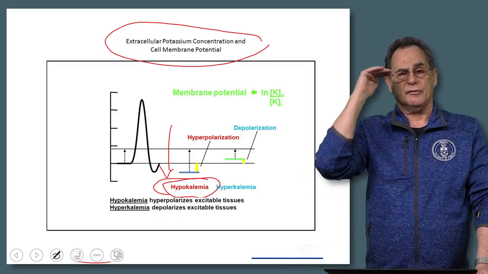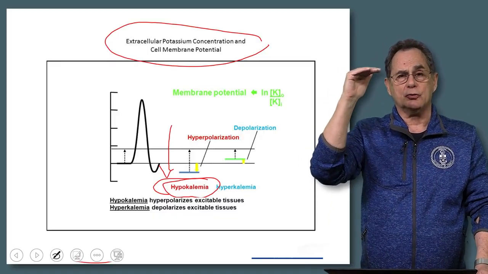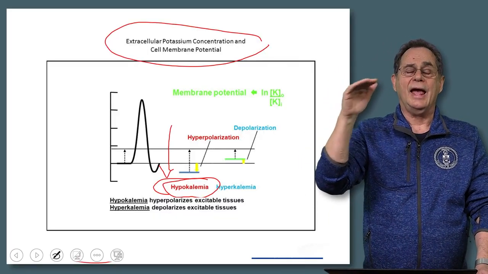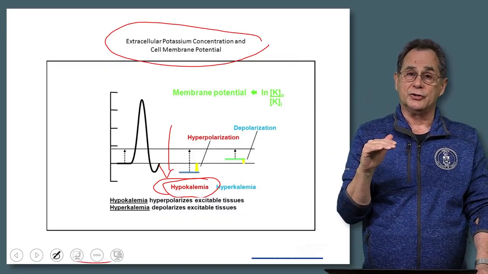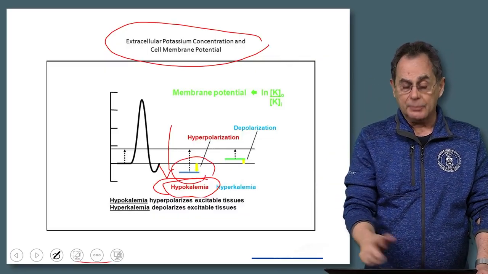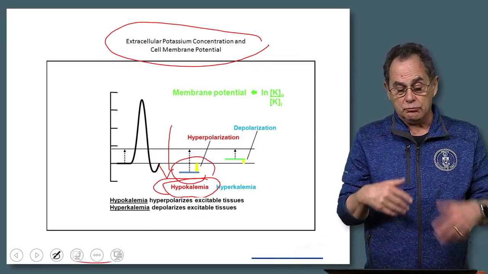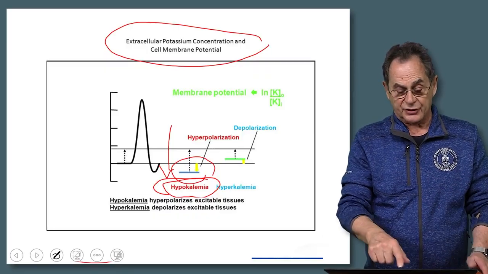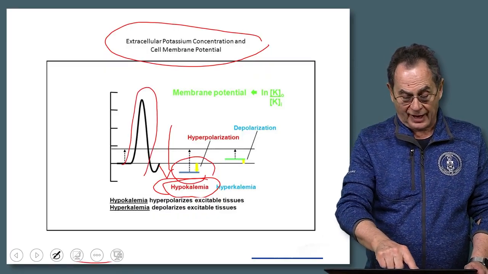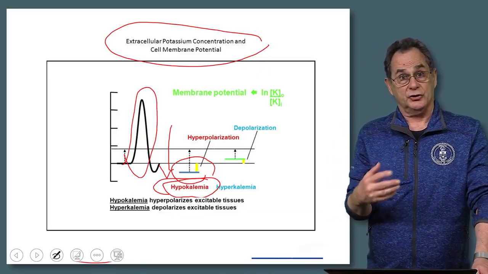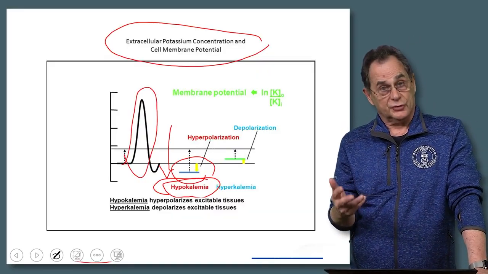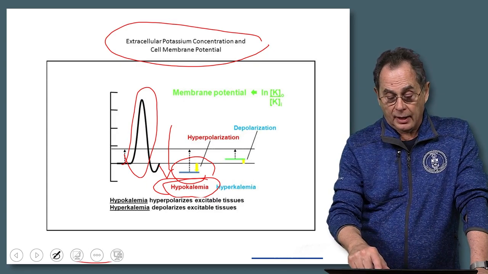So a consequence of low potassium concentrations outside of the cell and high potassium concentrations inside of the cell is to hyperpolarize, to make it more difficult for that cell to reach a threshold that allows it to generate an action potential, for example, in a muscle cell.